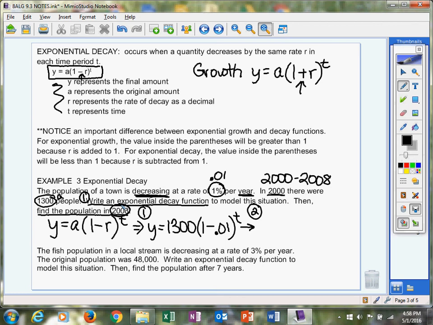And so hopefully you're like, oh, well, T has to be 8 years. 8 years have passed, and you would be correct. So in your calculator, you're going to plug in 1,300 times the quantity 1 minus 0.01 raised to the 8, okay? So have your calculator handy. And right after you write it down, go ahead and key that in just like you see it.